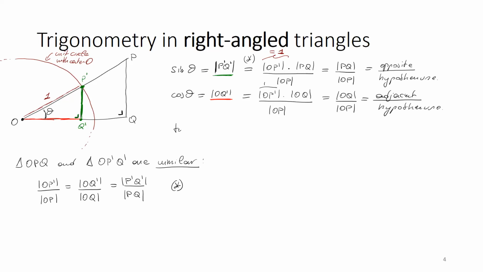And last, we can also add the tangent. So the tangent is sine theta over cosine theta. And we can use these formulas that we've already obtained to write this as the opposite divided by the adjacent.